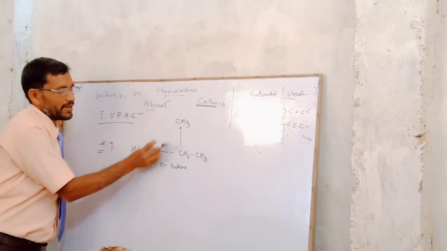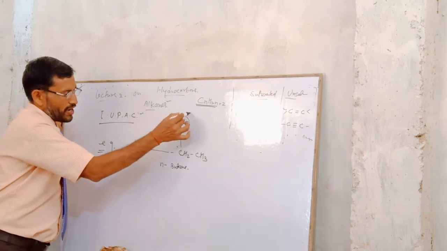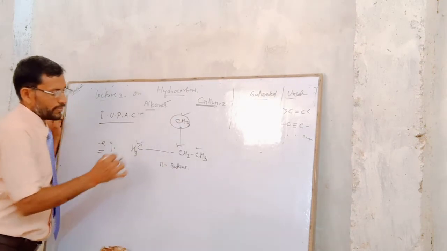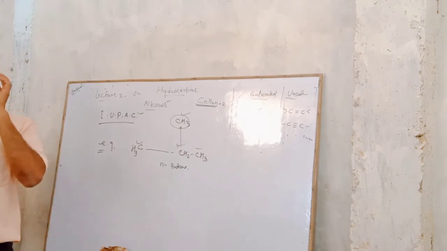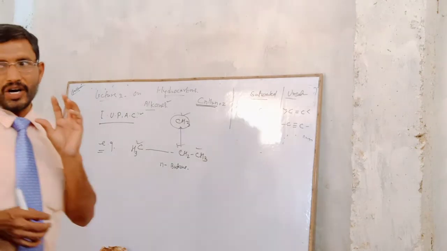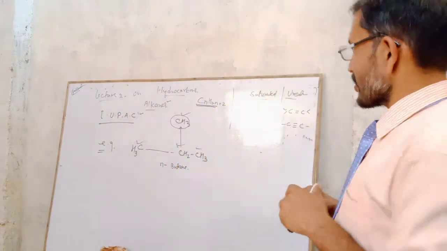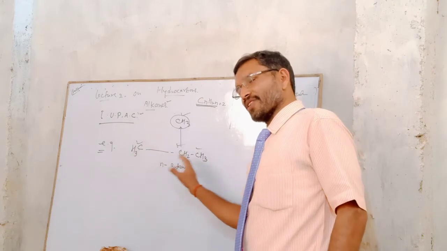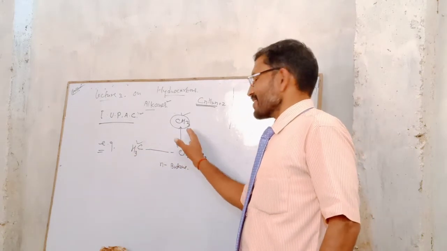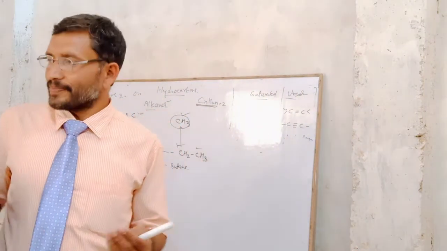This carbon atom I have taken here, the carbon number is the same again: 1, 2, 3 and 4. This is the branch. This is not a normal butane. This is a branching. The carbon number remains the same, 4 carbons, but here is the branching. So this is the isomer of butane.